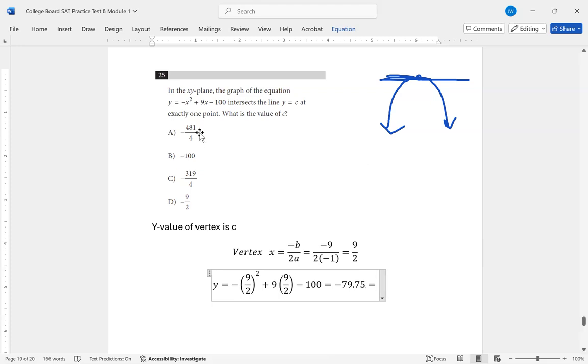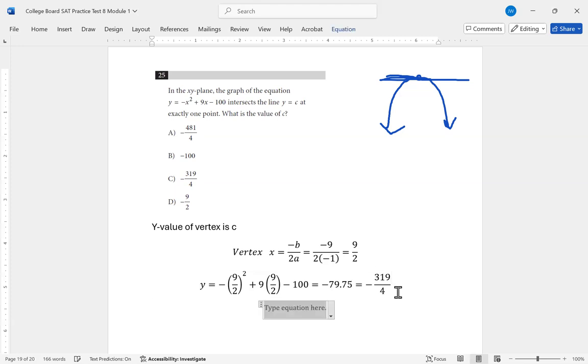which, obviously my answers and my options are all in fraction form. So I can convert that to a fraction, multiply by 4 and see what we get. When in doubt, you end up with a negative 319 divided by 4, just converting that to a fraction. So we have an improper fraction of negative 319 over 4 as the y value of the vertex.